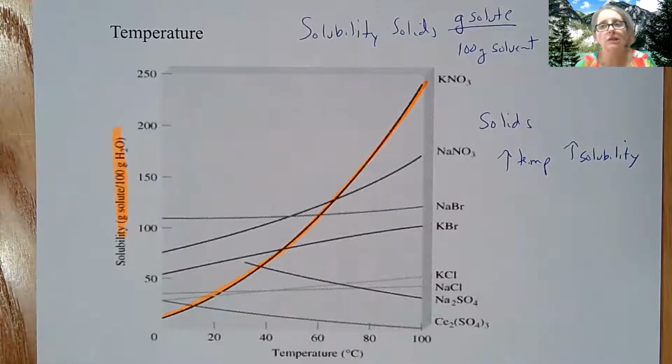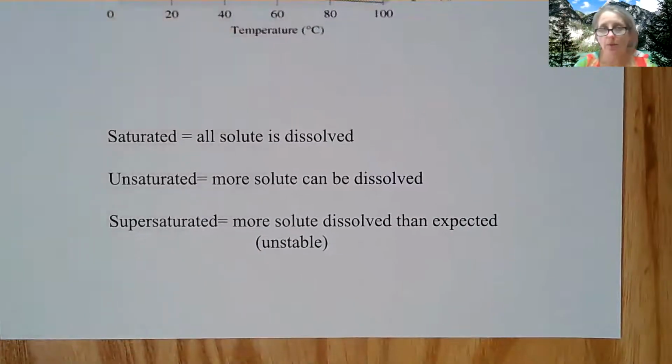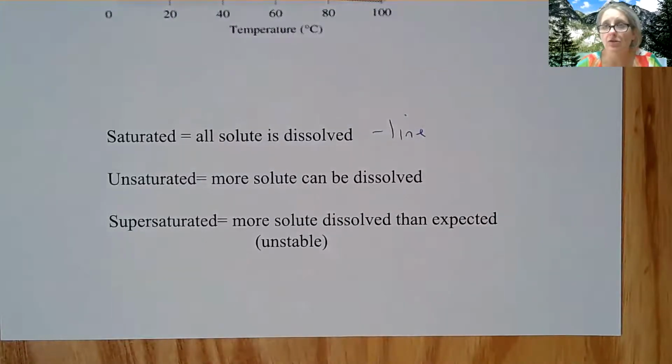So there's three terms that we use to describe solubility of solids. One is called saturated. That means all of the solute has dissolved, and that is what the line is. The line is telling you that point of saturation. So think of water. As it rains, there's always a saturation point, and then you start to get puddles everywhere.